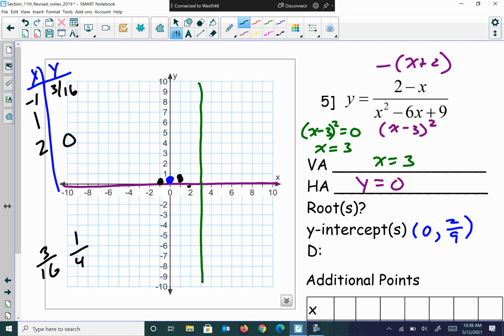Oh, crud. So this one actually looks like this so far. Plug 4 in, see what I get. If I plug 4 in, 2 minus 4 is -2. 4 squared, 16. 16 minus 24 is -8. So -2/17.